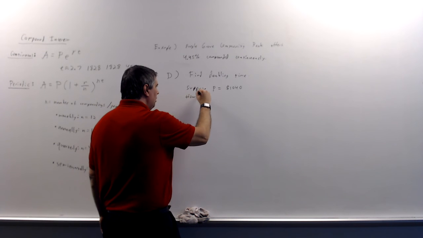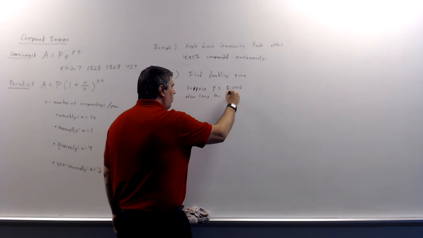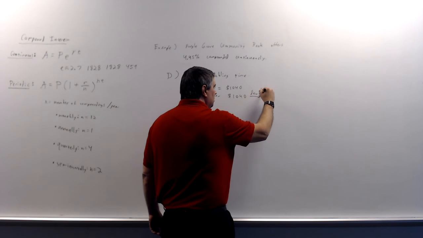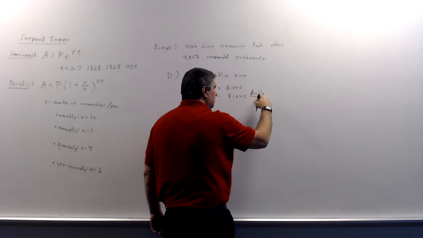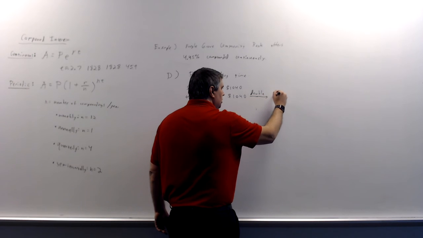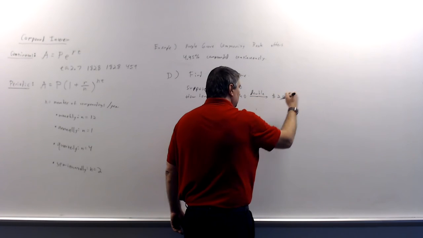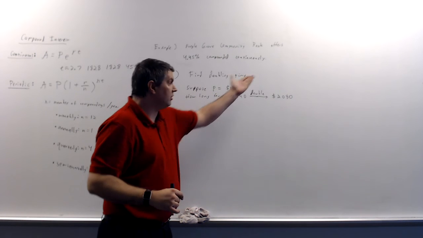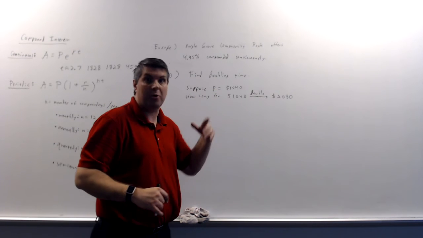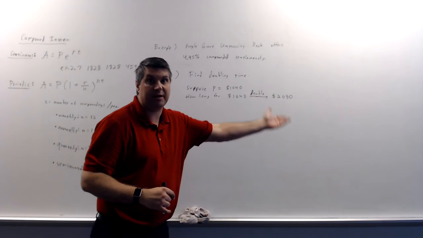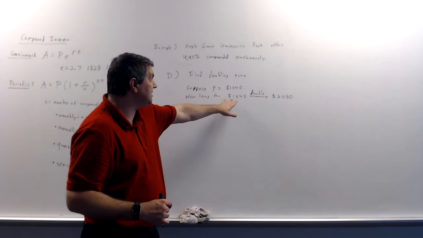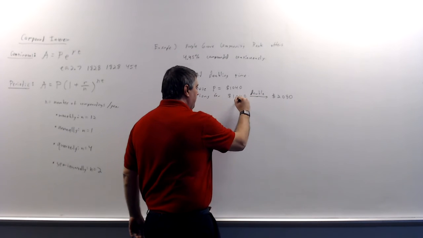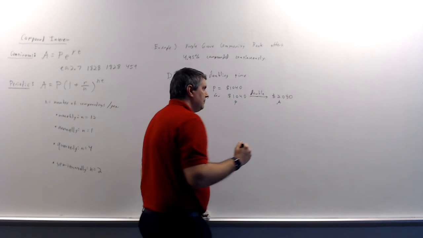How long for 1,040 to double to 2,080? If you want to do 100, how long for it to double to 200? If you want to do 1,000, how long for 1,000 to become 2,000? It really doesn't matter what you start with as long as you double it. So this would be my P, this would be my A.